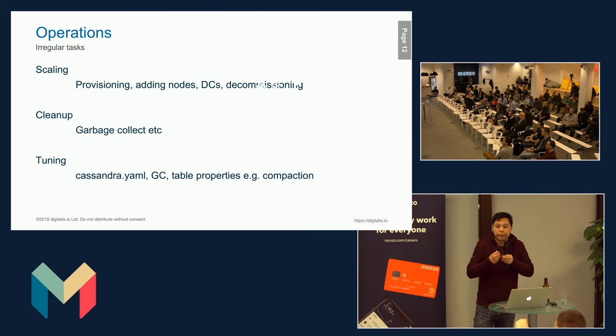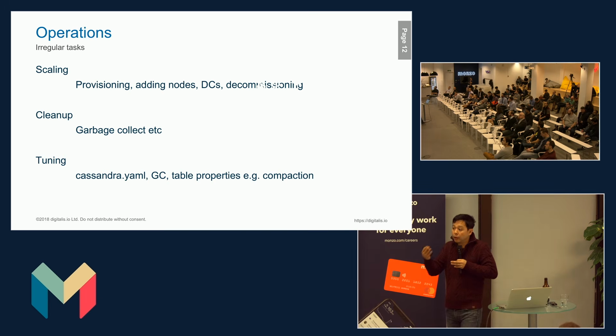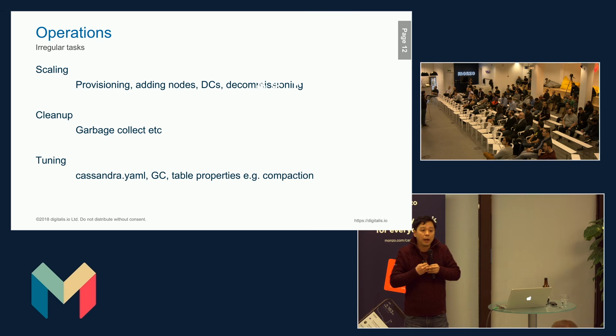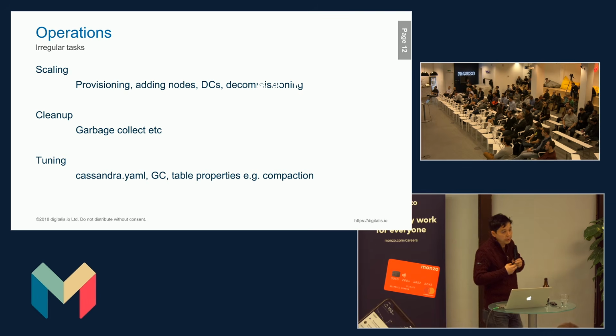As you gather your metrics and you see how well your cluster is performing or how it's not, based on those performance metrics, you can tune your Cassandra, many of them in the cassandra.yaml file or even the jvm.options file. So you can tune your GC and so on. These are some of the operations tasks that we do.